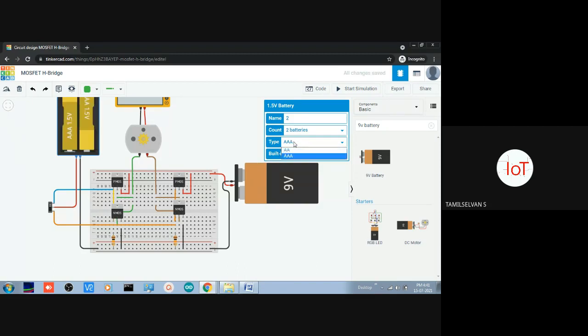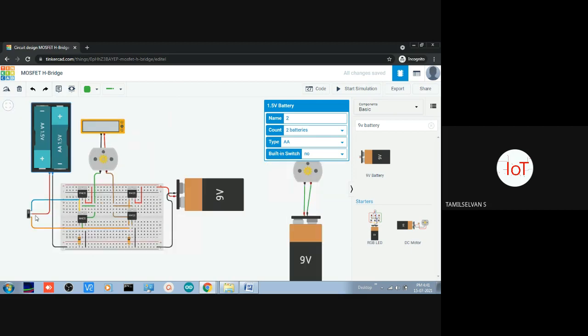So I'm just using AA now. If you want to make the entire circuit visible, you can click onto this particular icon. Now I have clicked onto this battery. So there are two batteries I have added. If I make it a single battery, it will supply 1.5 voltage, but I need at least a higher voltage, right?